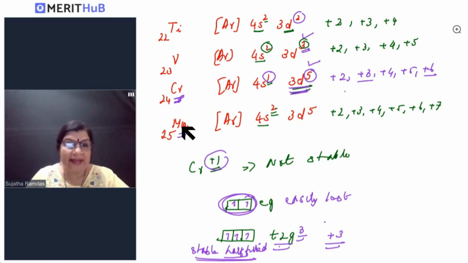Between chromium and manganese, both have a 3d5 configuration. Even though chromium has more number of unpaired electrons, we expect more delocalization in chromium. Okay, and that is definitely what is happening. There's greater mobility of the unpaired electrons in chromium.